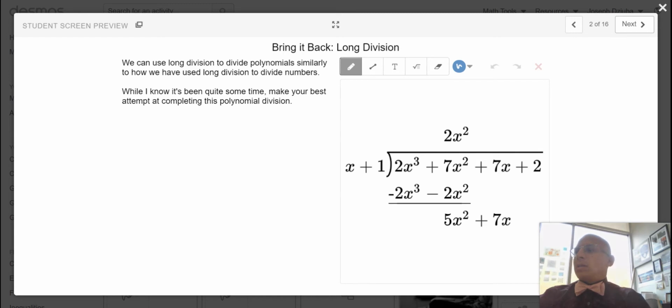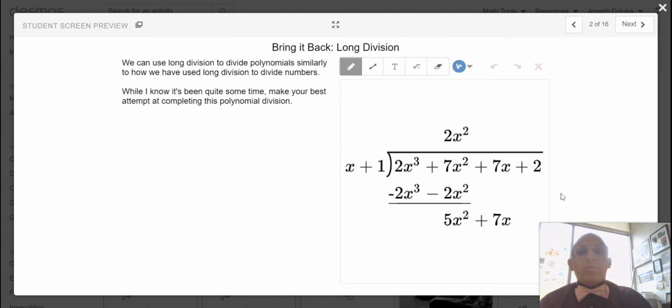So in the last lesson, we employed the area model in the reverse direction in order to take polynomials of degree 4 and 3 and rewrite them in factored form. Well, I know it's been quite some time.